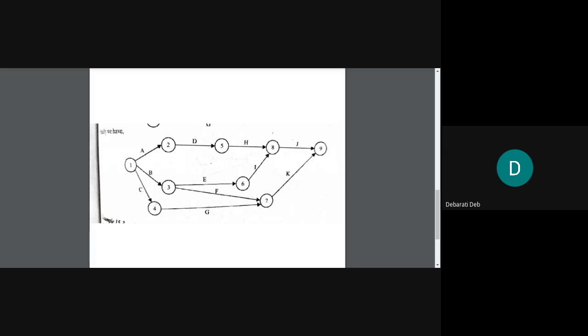So see, A is less than C and D. It means A is the predecessor of C and D. That means A will begin first, and after that C and D will begin. So corresponding to C and D, you will write A and A. Are you getting me?